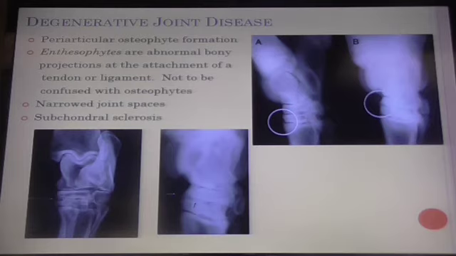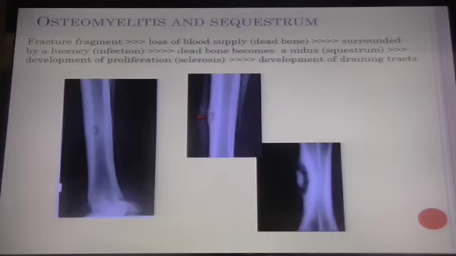That is referred to as subchondral sclerosis. That means the bone you're looking at is more opaque and it's absorbing the stress rather than the joint itself. That's a really good clue to joint disease or degenerative joint disease. Works best in both large and small animals.